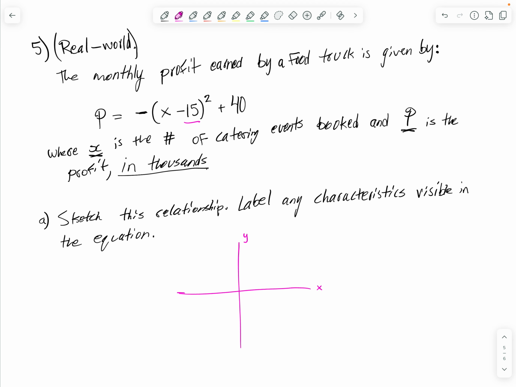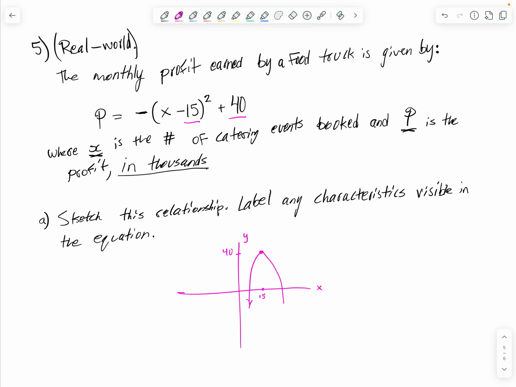This is in vertex form, so I know the vertex is 5 and 40. So 5, let's say, is here. 40 would be over here. So the vertex would be here. And clearly it's opening down because that's a negative. I don't know where the zeros are going to be. That's not my concern right now. I'm just going to do something like this. Sure, something like that.